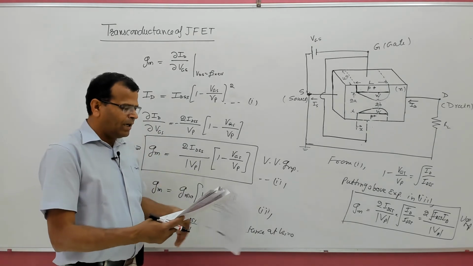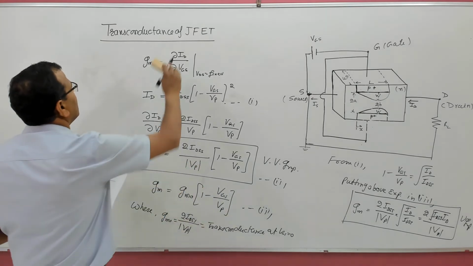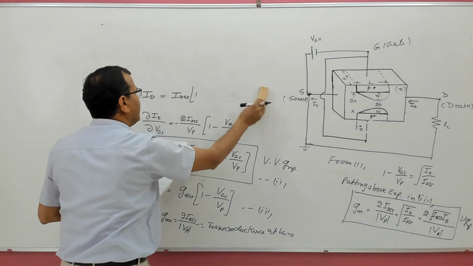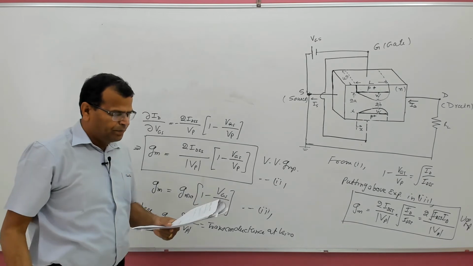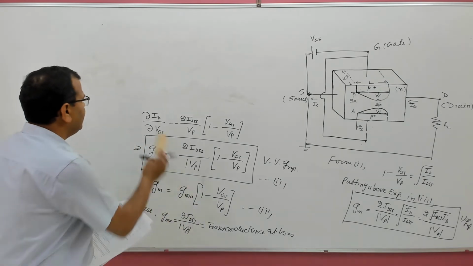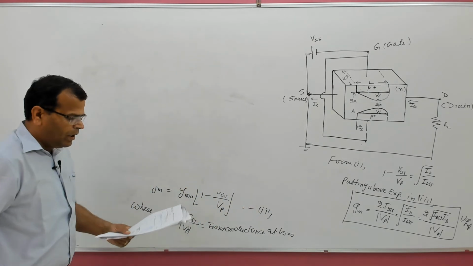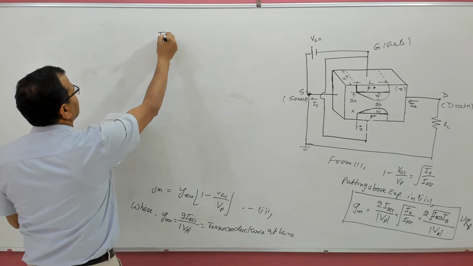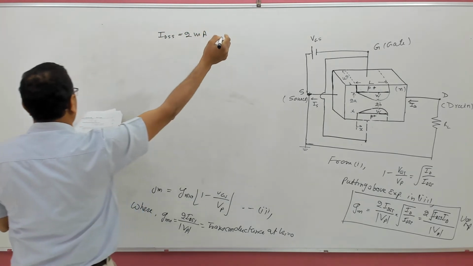Let us take a small example based on the transconductance of JFET, a question which has appeared in the past. The question is, in an n channel JFET, IDSS is given as 2 milliamperes.